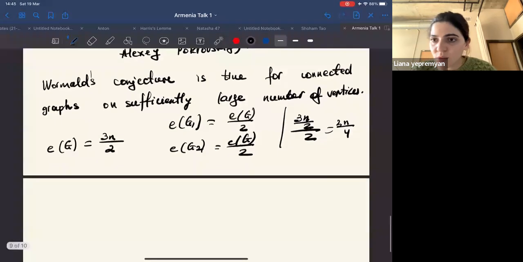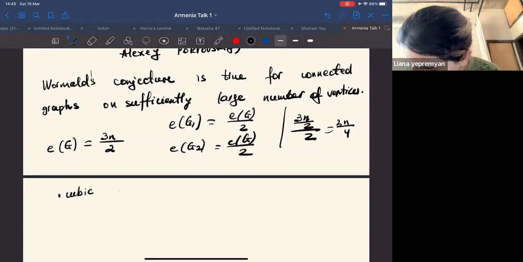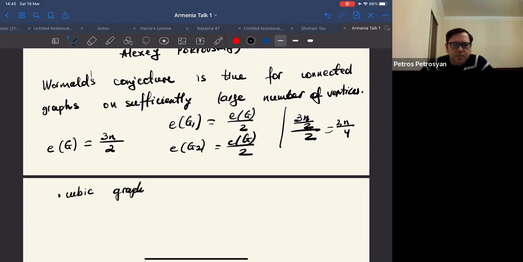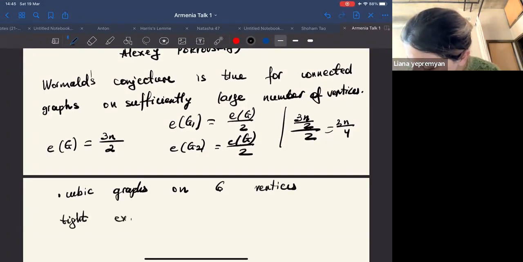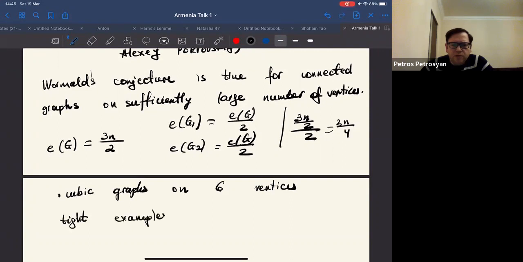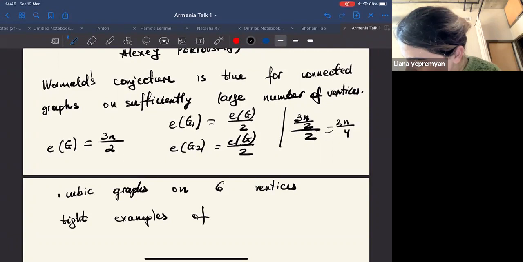Let me not do those examples, but if you look at cubic graphs on 6 vertices, these are tight examples of Thomason's conjecture.